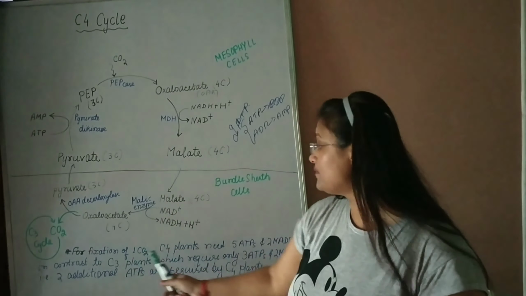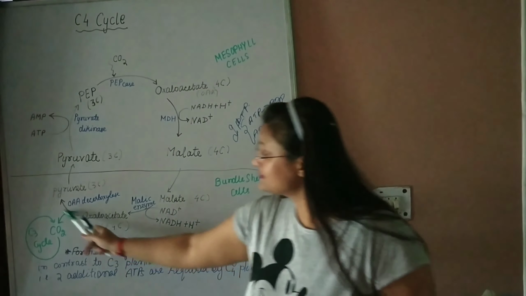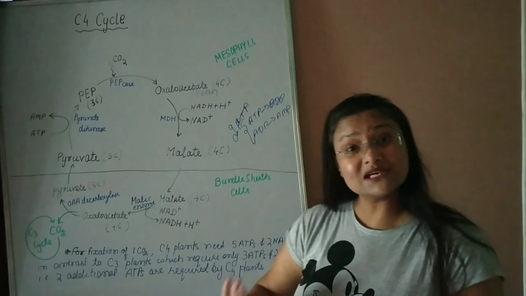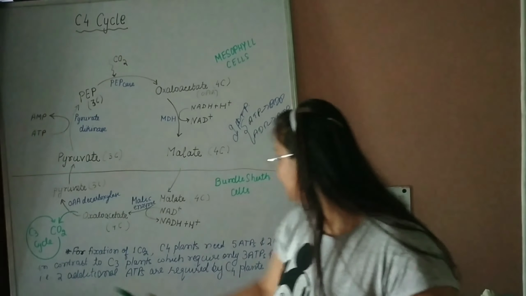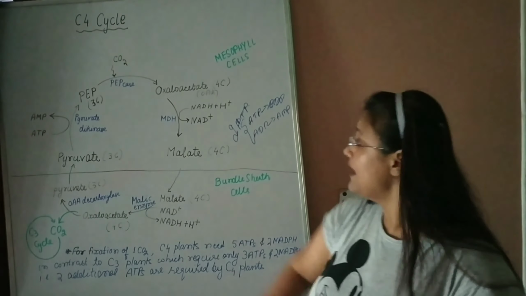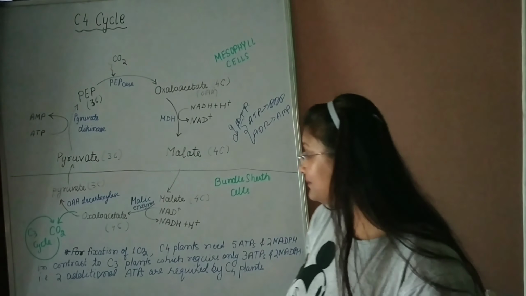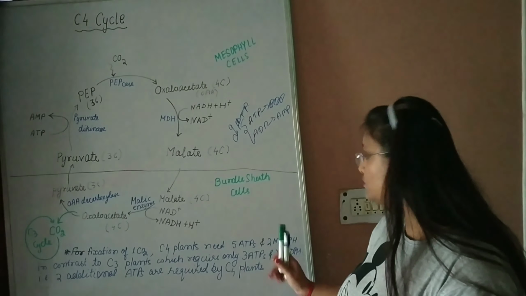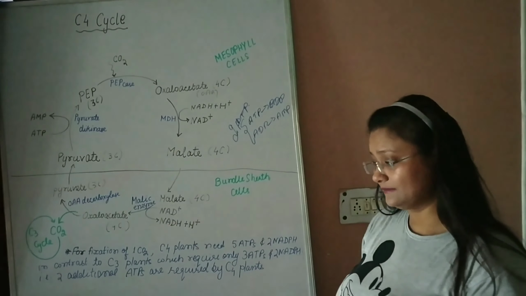But C4 plants will require 5 ATPs and 2 NADPH, because the C3 cycle will operate in the same manner, just like in C3 plants. And this C3 cycle will require 3 ATPs and 2 NADPH. But here we can see 2 additional ATPs are being used. So in C4 plants, they need 5 ATPs and 2 NADPH to fix 1 carbon atom.